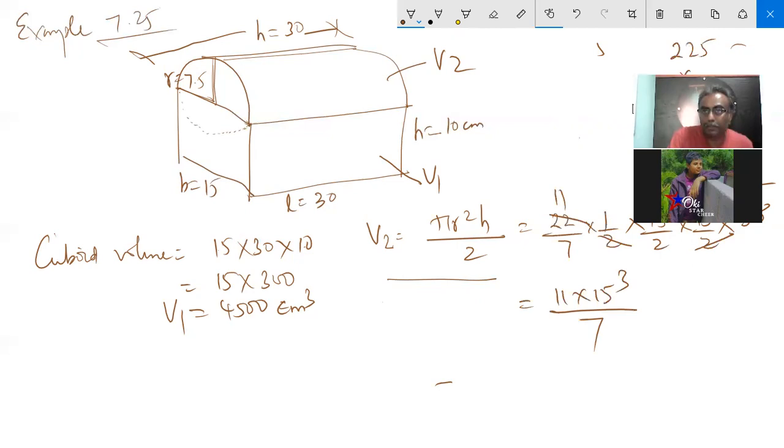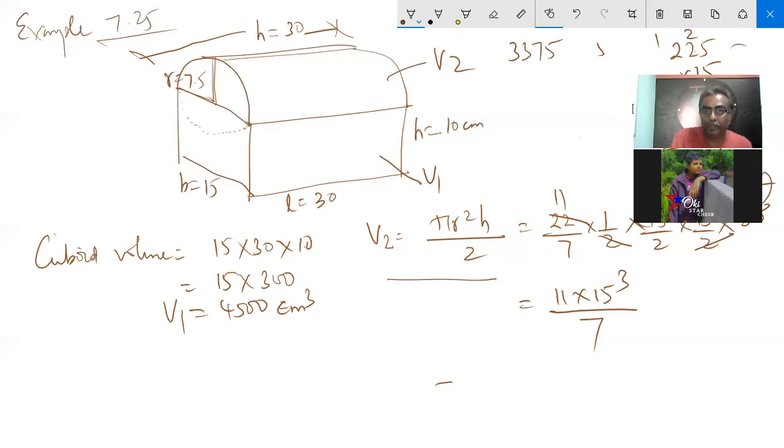15 cubed is, let us see how much. 5 5s are 25, 2 5s are 10, 12, 2 5s are 10, 11. Then 225 into 15 is 3375. 3375 is this one.